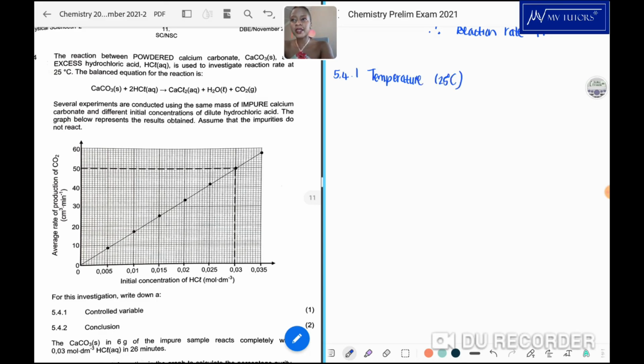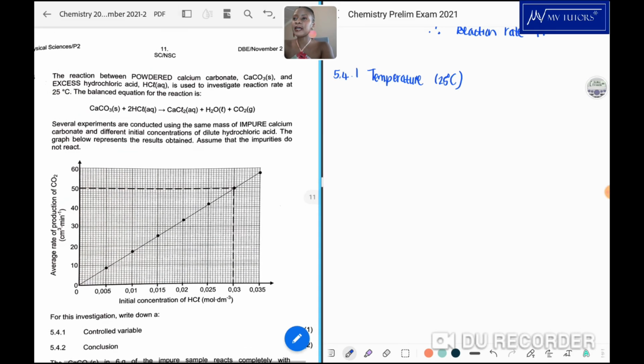Another one that I can think of, well, you have this impure calcium carbonate. The amount of calcium carbonate in that impure compound is also standard. It is also controlled. So the amount will not change. So I could also say the calcium carbonate, you can use that as well. But it's only 1 mark, so just state one thing and don't waste time.